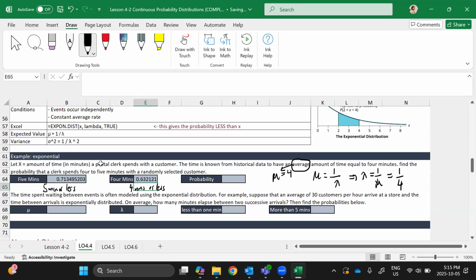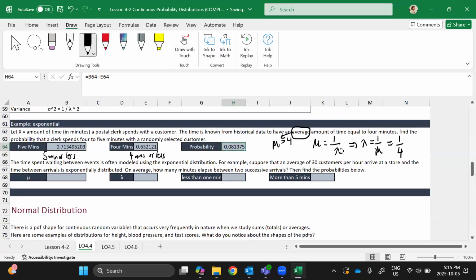Then, if I want the probability of between 4 and 5 minutes, all I do is I find the difference between these two probabilities, between 5 minutes or less and 4 minutes or less. When I do the difference between those, I'll be left with between 4 and 5 minutes. I just subtract them to get between 4 and 5 minutes, and it's about an 8% chance of happening. Okay.